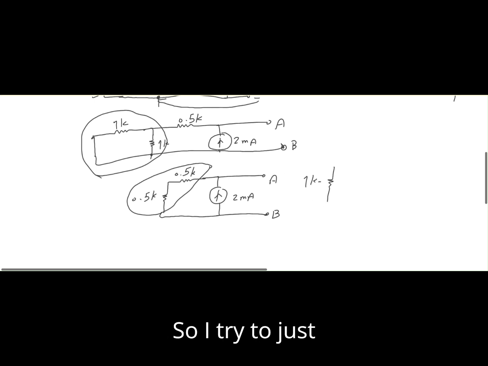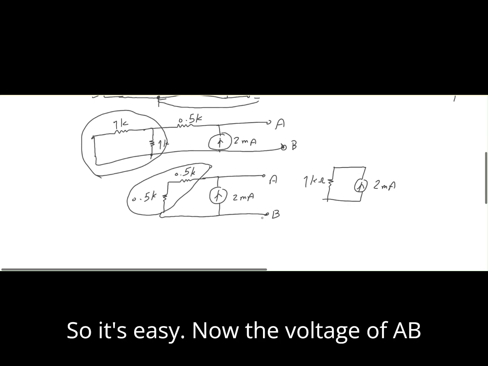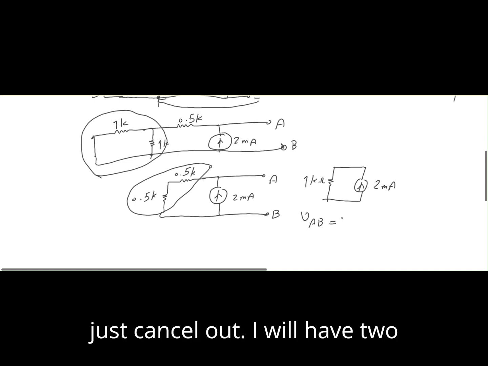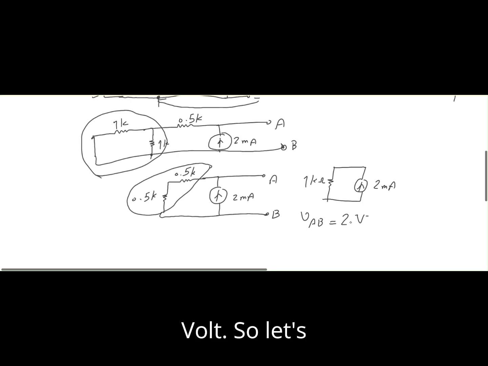So I simplify the circuit. Again, 2 milliamp. So it's easy. Now the voltage of AB is 2 milliamp times 1K. So milli and kilo just cancel out. I will have 2 volt.